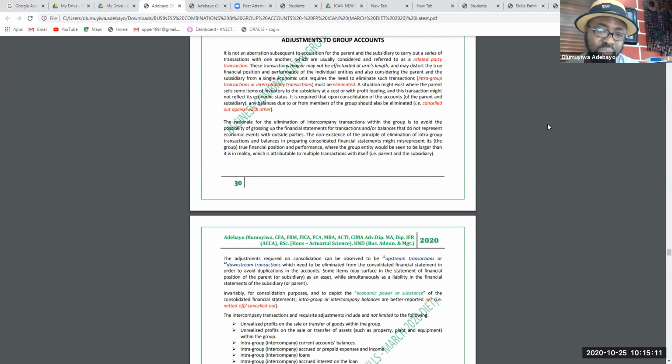And what that presupposes is that group account is not just a mere addition of the account of the parent and the subsidiary. Rather, it is the addition of the parent's account and the subsidiary on the premise that certain adjustments are made to fuse the two companies together as one.